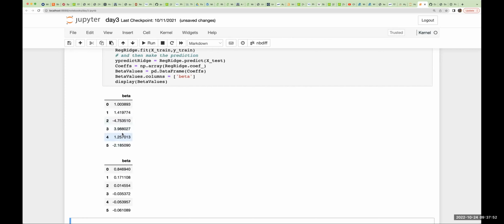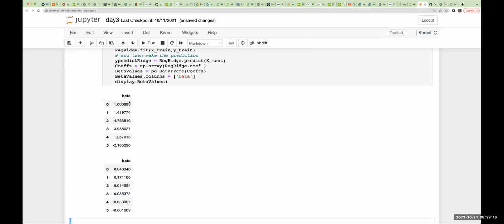Now what ridge is doing, and lasso as well, is shrinking some of these parameters. So you see that all the parameters have been made smaller except the one for beta 0. In this specific case, it gives us a mean squared error which is poorer, because it's driving the higher order coefficients to smaller and smaller values.